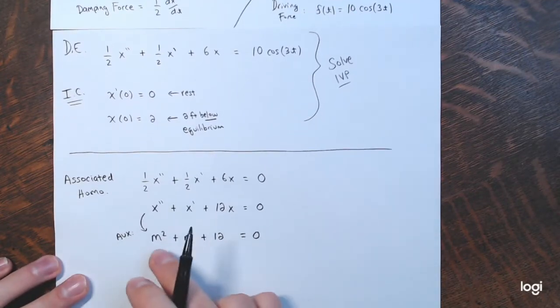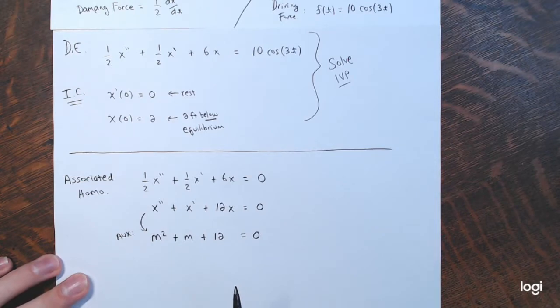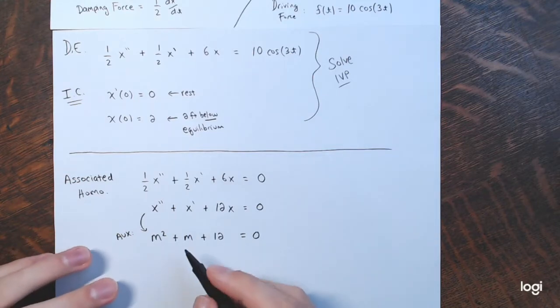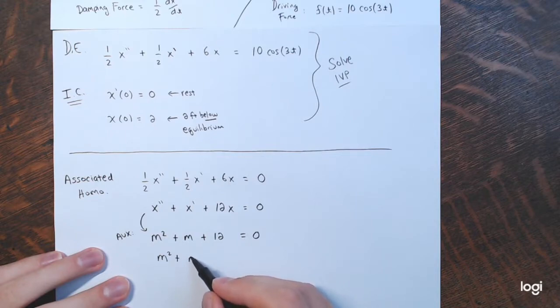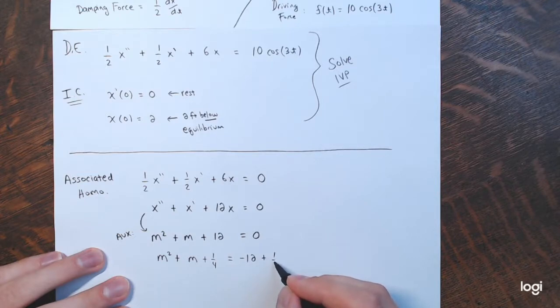And then we could solve this with the quadratic formula or completing the square. If you've seen videos of mine in the past, I prefer completing the square myself. And then I subtract 12 and then complete the square, add a quarter to both sides, and this would be negative 47 quarters.